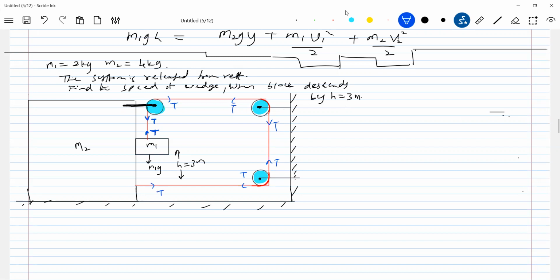And then any other forces, the weight of the wedge, and the normal contact between the block and the wedge. Here also, if you want, you show the 2T. I think you already know we have analyzed what forces act on the pulley, that is, acting on the wedge also. So this will be only T.